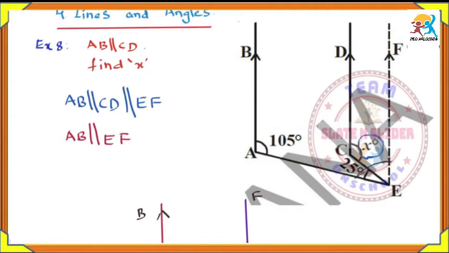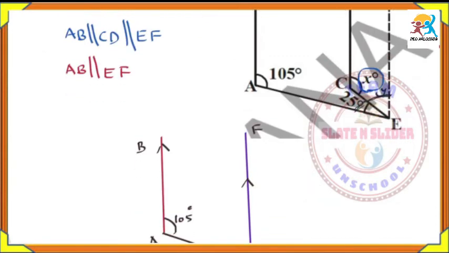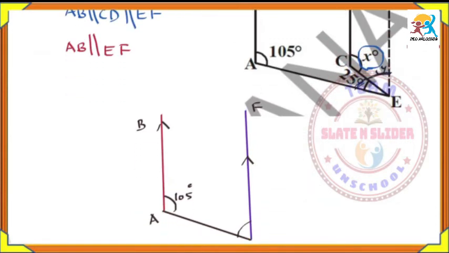Actually this angle is 25 degrees only, from here to here it is 25, and after that this angle we don't know. So let us suppose that that is y. So from this we can say that angle AEF is equal to this 25 degrees and this y. So we can write it as 25 plus y.